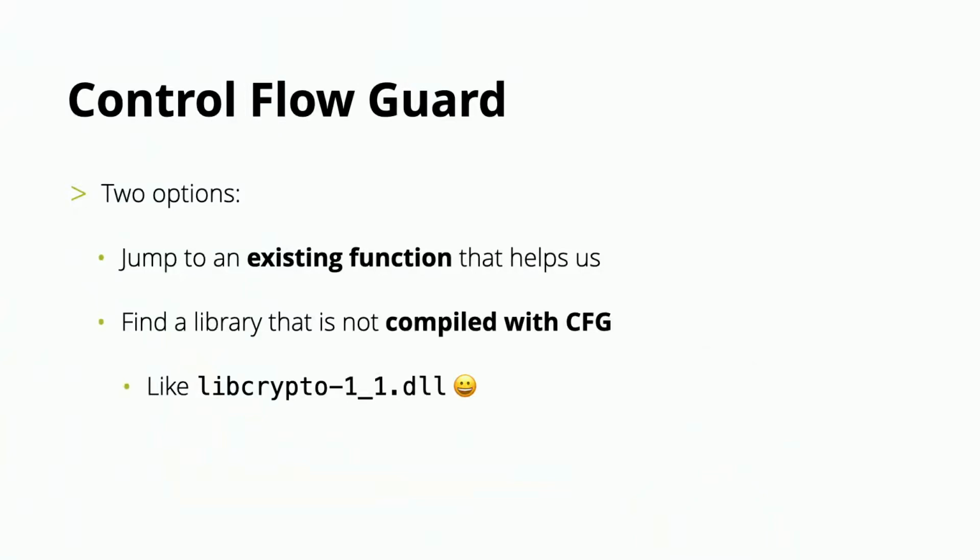Or we could look at a library that's not compiled with control flow guard. And one thing we noticed is that the libcrypto library that we've been talking about for the information leak did not have control flow guard enabled. Apparently, OpenSSL has a weird build system where control flow guard doesn't work, something like that.